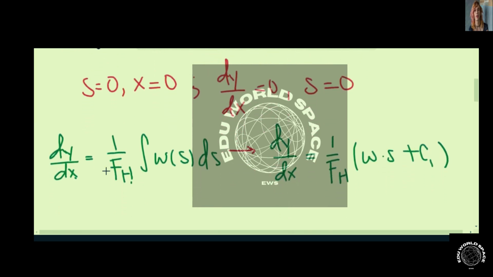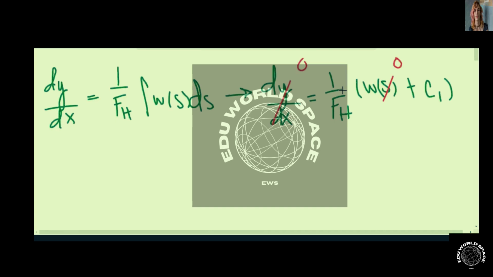If we plug in our boundary constraints, replacing dy over dx with 0 and plugging in 0 for s, and solve for c1, that equals 0.